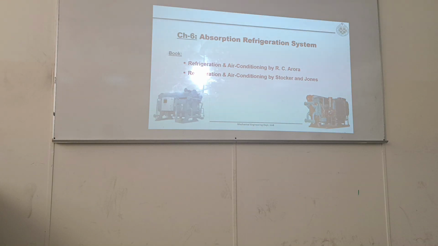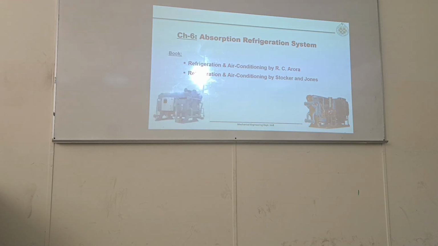Because in a vapor compression system, all the energy which we require is in the form of electrical energy, the electrical energy which we provide to the compressor. In absorption refrigeration systems, we replace the compressor with something else which does not require electrical energy, which requires just heat.